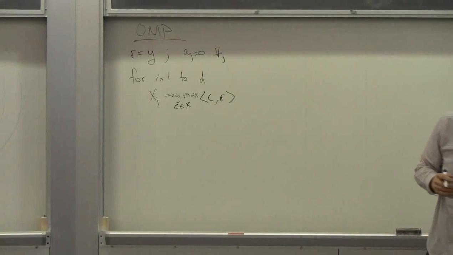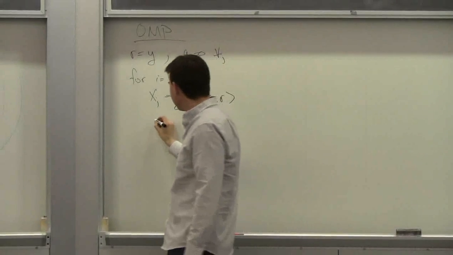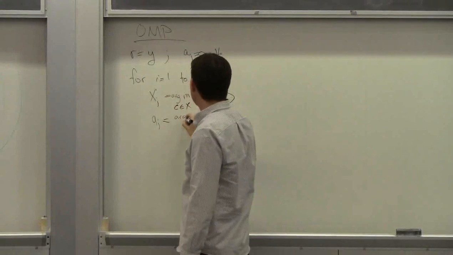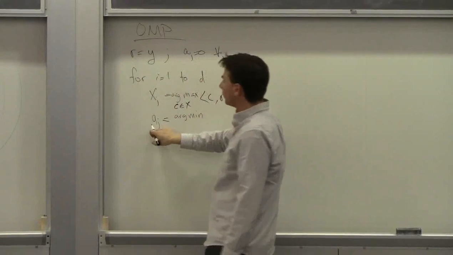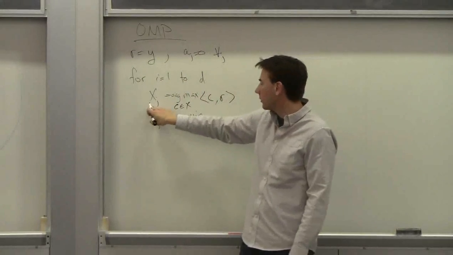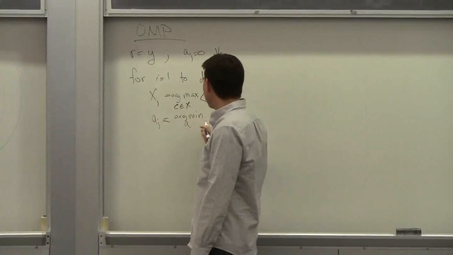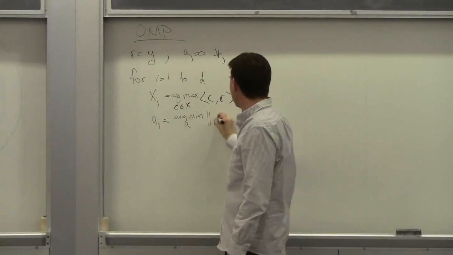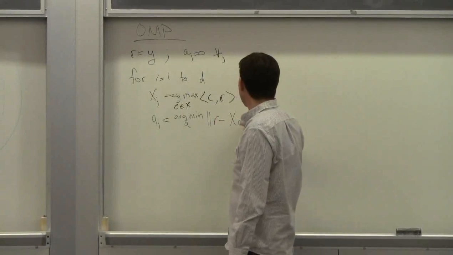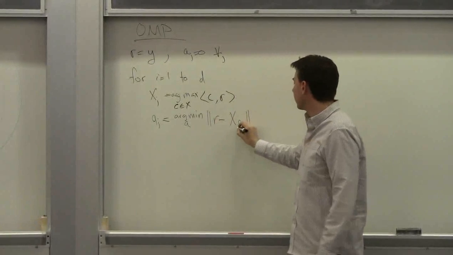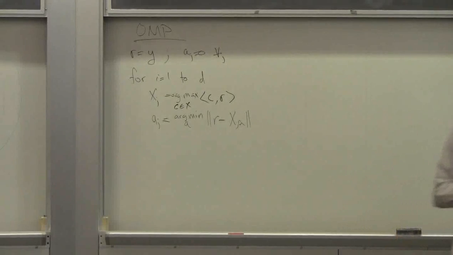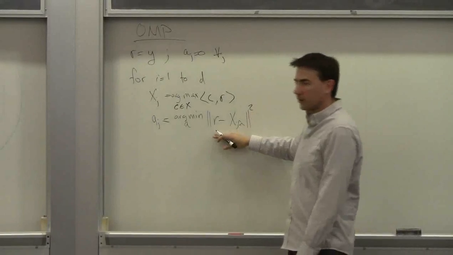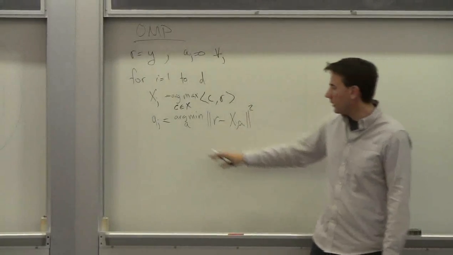Then I'm going to set a_j equal to the argmin, the j coordinate corresponding with this column of all a in R minus X. Right, so I solved this least squares solution here to find the best explanation.